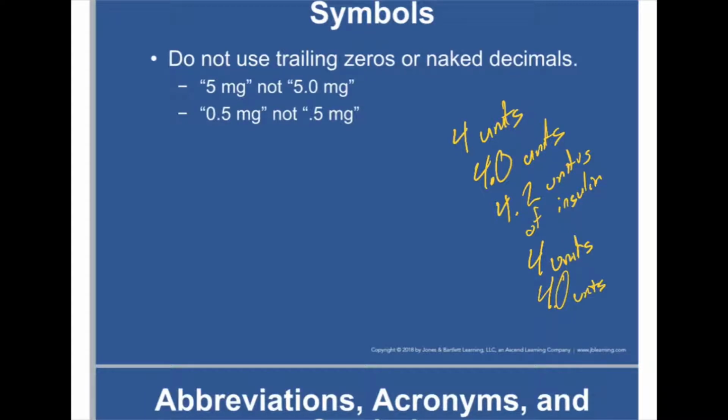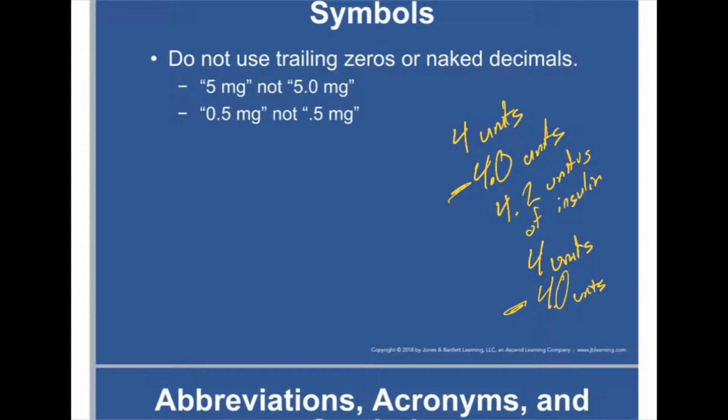And needless to say, there is a big difference between 4 units and 40 units. Obviously that patient experienced some hypoglycemic events because the incorrect dose of a pretty critical medication was being given to them. So for safety, it is never considered an acceptable practice to use a trailing decimal 0.